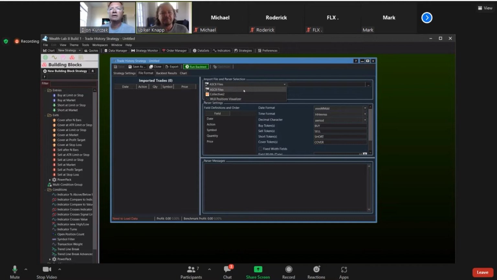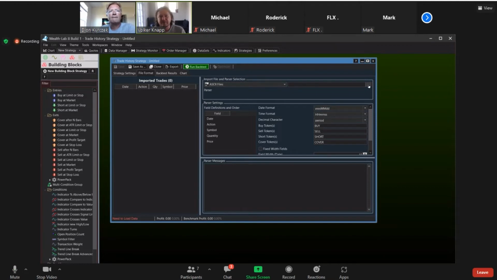You can use ASCII files, you can use Collective2 format, you can use our format if you copy the positions out of our positions list, and if you install an extension like Interactive Brokers and I think TD Ameritrade, you would see other kinds of parsers here, one for IB and one for TD, that let you bring in the trades in their formats. But what we'll use is just the ASCII files, because we have an ASCII file containing the data.